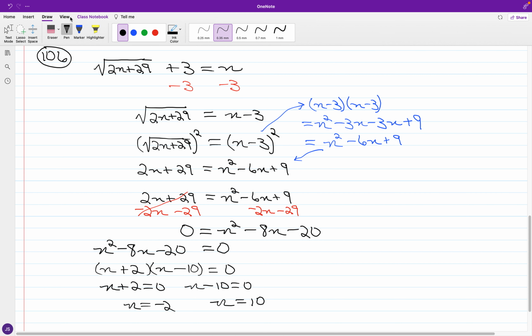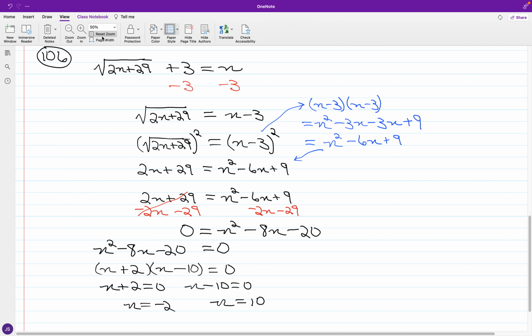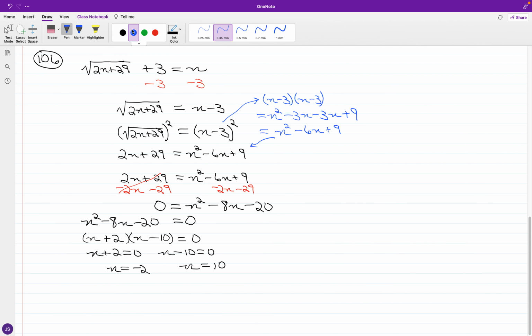Now examining what we have for these values, if I check n equal to -2, I get 2 times -2 is -4 plus 29, so the square root of 25 plus 3 is equal to n, which we have assigned at -2.